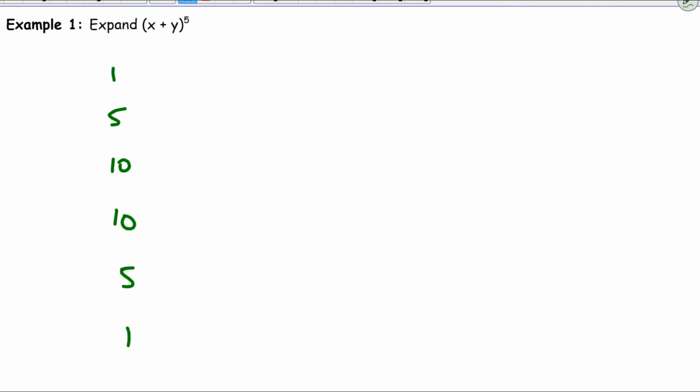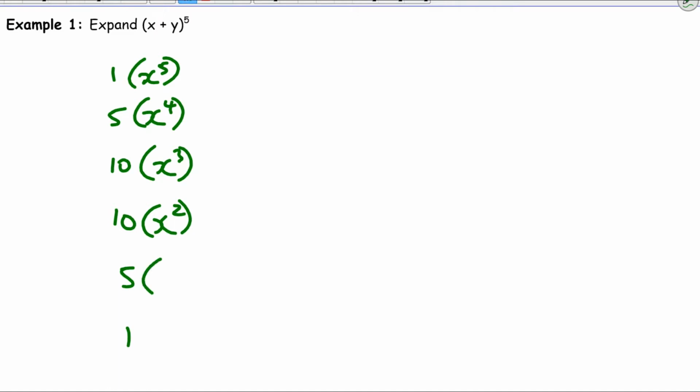So we'll have x to power 5, x to power 4, x to power 3, x to power 2, x to power 1, and x to power 0. The next step is to fill in the powers of the second term.